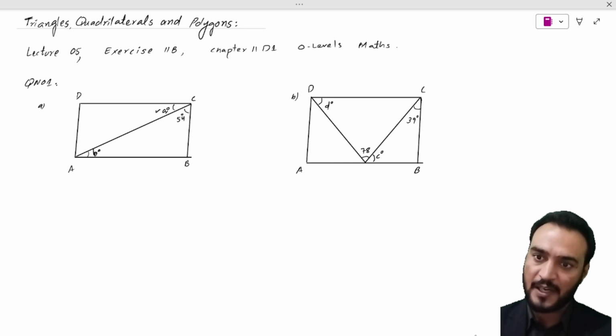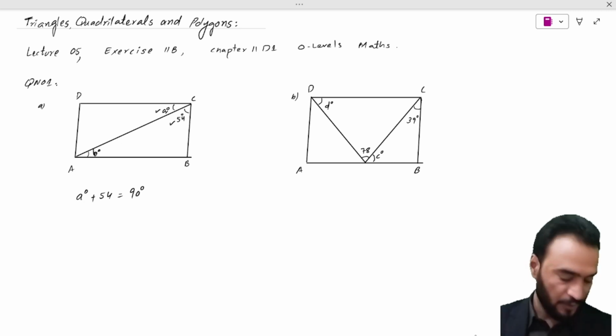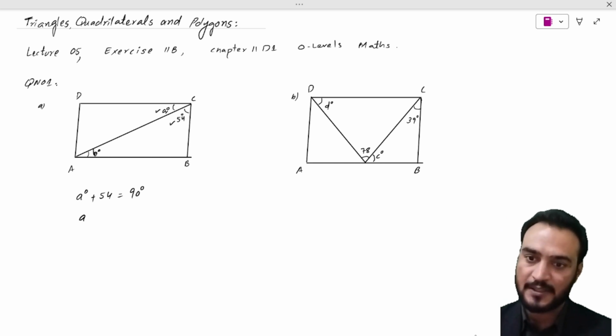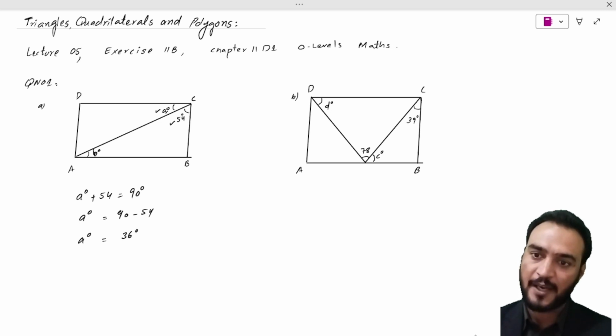So the sum of A degree and 54 degrees is equal to 90 degrees. So the value of A degree will be equal to 36 degrees, as we subtract 54 from 90 degrees. So this is the value of A.